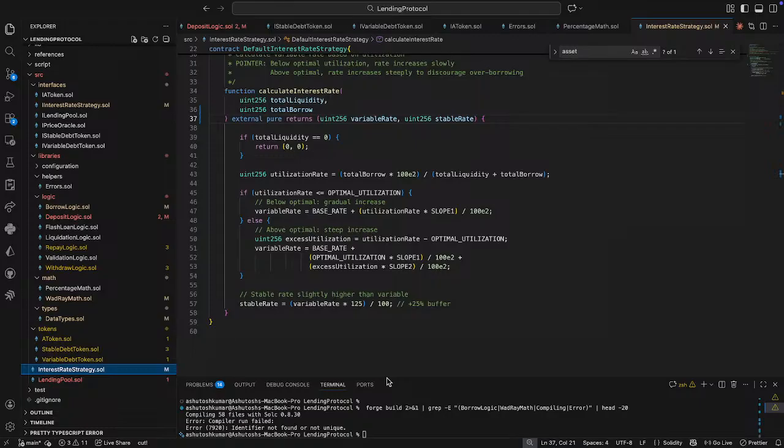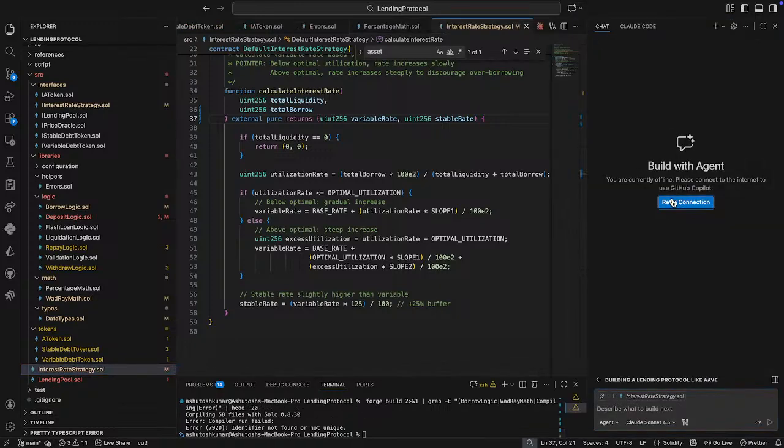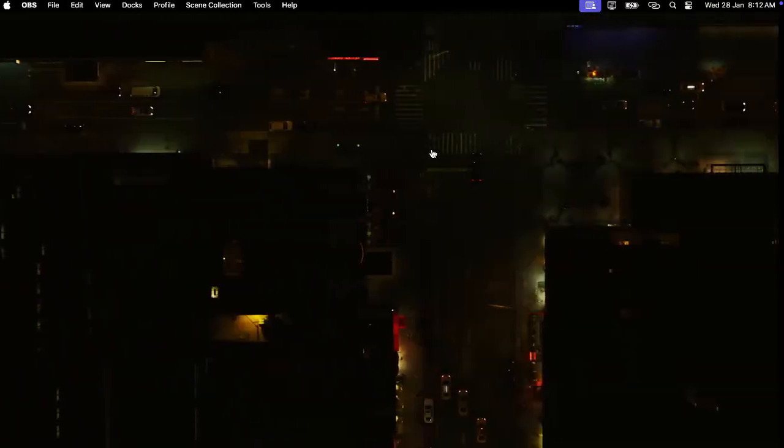So yeah, we were on total liquidity and total borrow. Should I calculate total liquidity? Okay, please connect. Yeah, let's see what Aave uses.